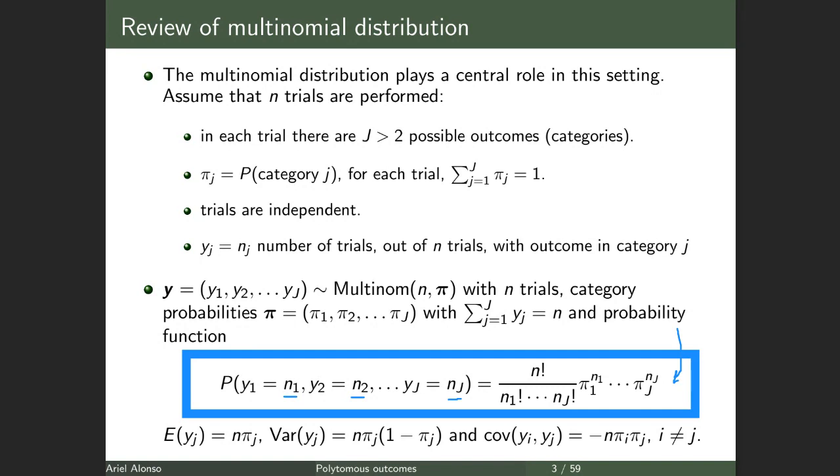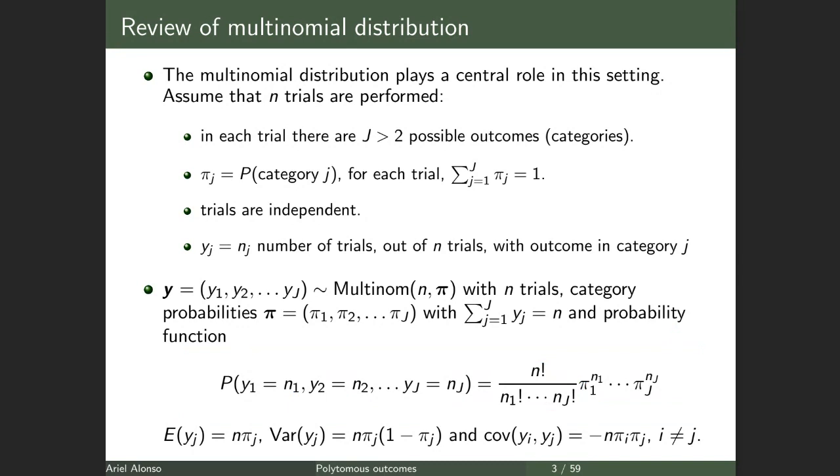You have a constant term, which depends on these factorials, and then the product of these probabilities, pi 1 to the power n1, up to pi j to the power nj. And this is a multinomial distribution. So that's a distribution that is going to play a very important role in the generalization of our logistic regression model.